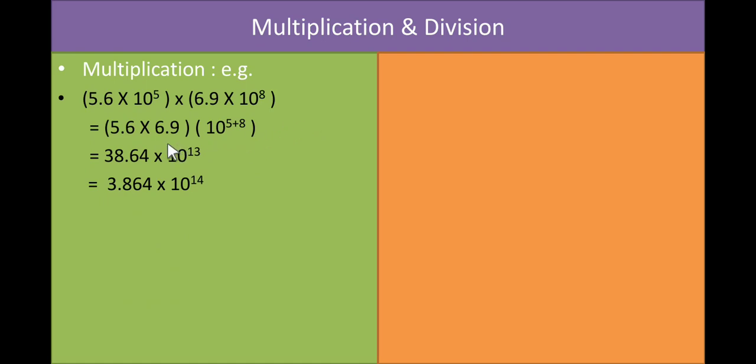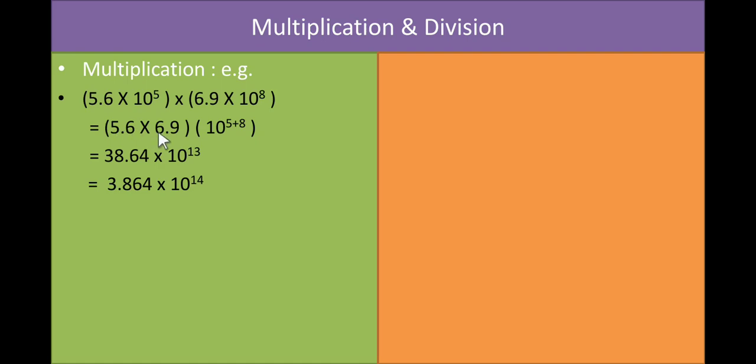First of all, we multiply the terms 5.6 into 6.9 separately, and the exponent terms, that is 10 to the power 5 into 10 to the power 8. As we know, in multiplication the powers are added, therefore we write 10 to the power 5 plus 8.